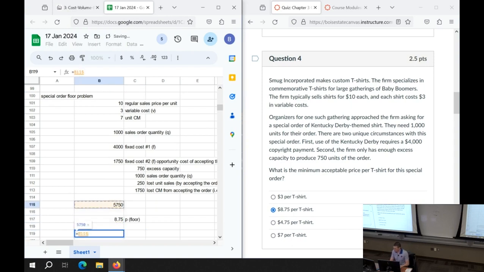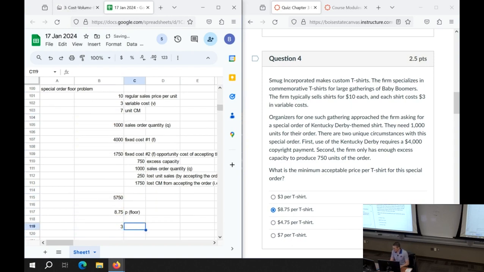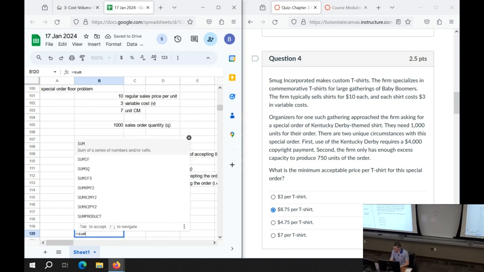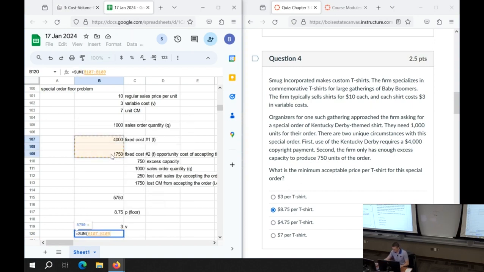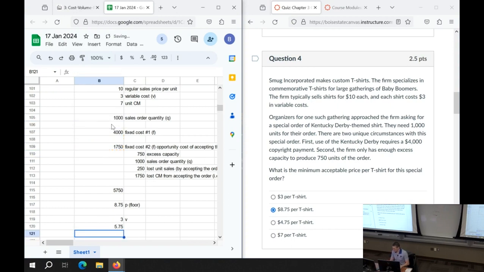Let me break it down. We have to cover our variable cost per shirt. This is our variable cost, and we have to cover the fixed cost per shirt.